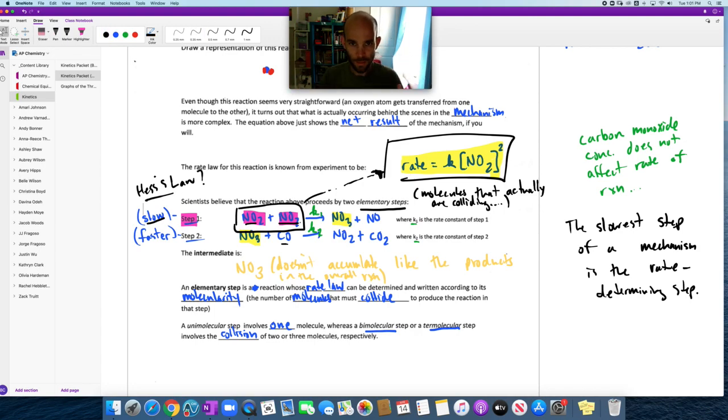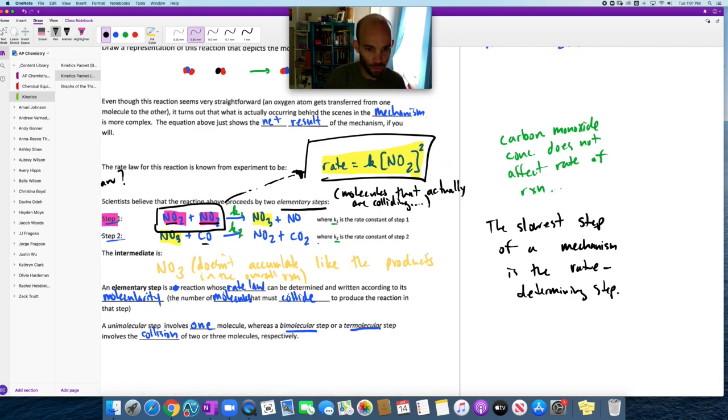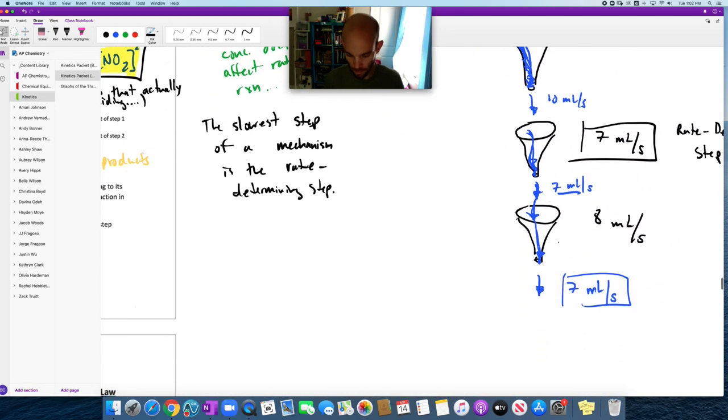These mechanisms are composed of steps that add up to the overall reaction. So let's just confirm that over here off to the side. A mechanism should add up. The reactions in the mechanism, those elementary steps, should add up to the overall reaction.